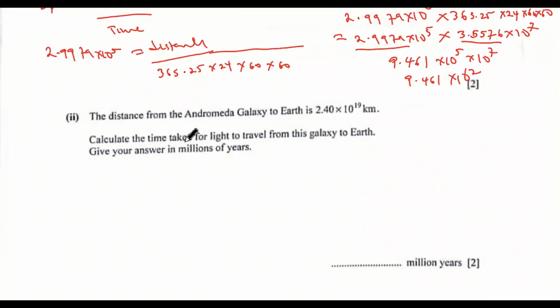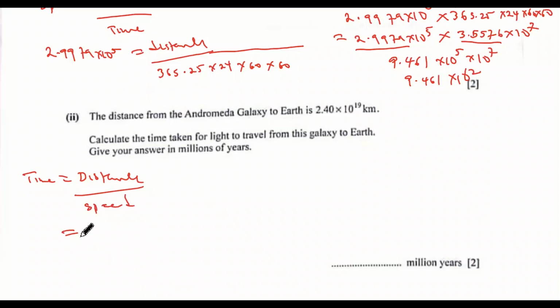So let's go to B Roman figure 2. The distance from the Andromeda galaxy to Earth is 2.40 times 10 to the power of 19 kilometers. Calculate the time taken for the light to travel from this galaxy to Earth. Give your answer in millions of years. What you need to do is to get the time, and we know that the time is distance over speed.